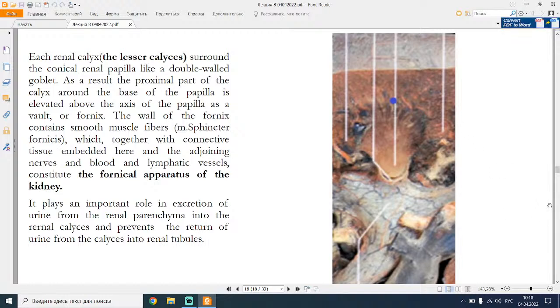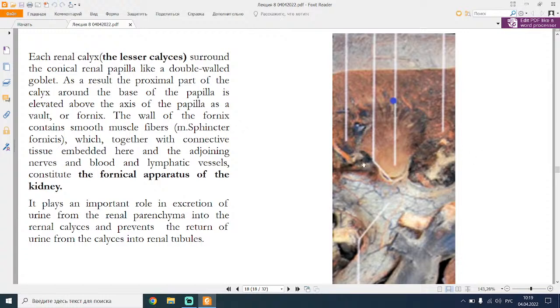It plays an important role in the excretion of urine from the renal parenchyma into the renal calyces and prevents the return of urine from the calyces into the renal tubules.